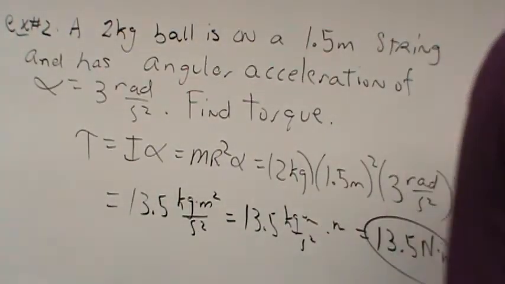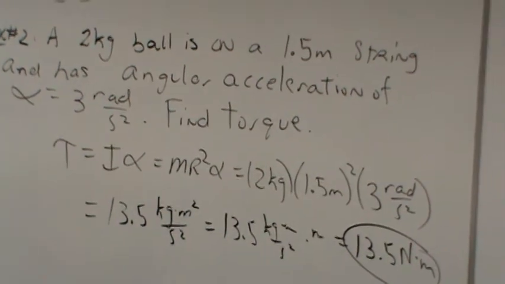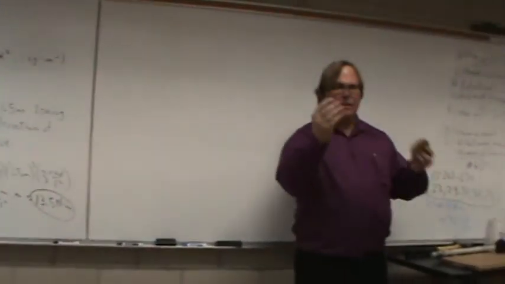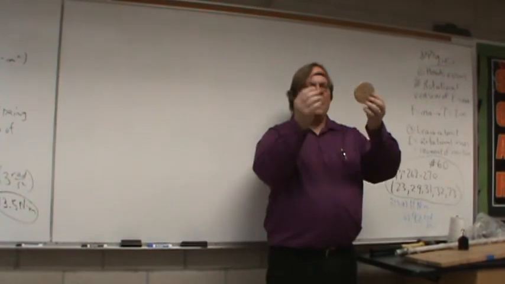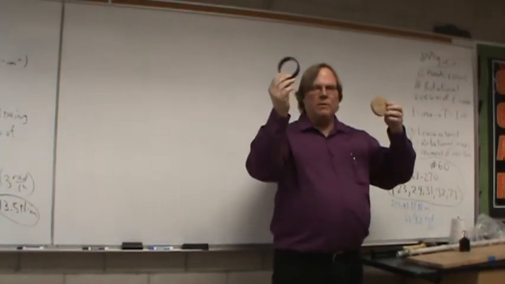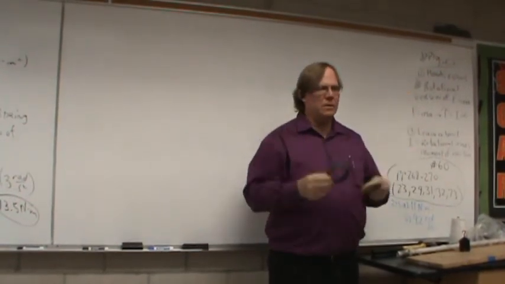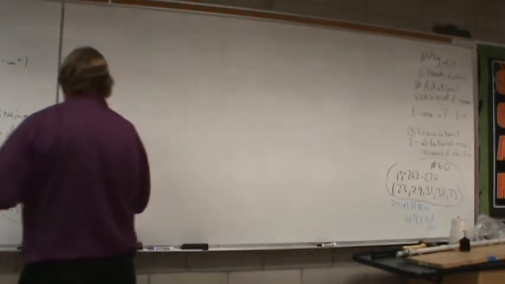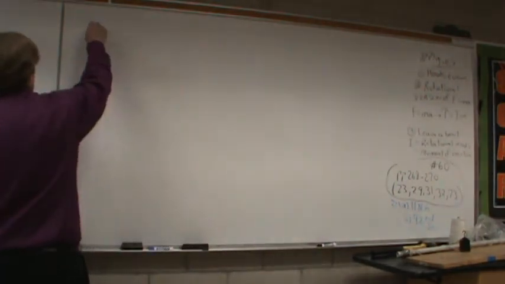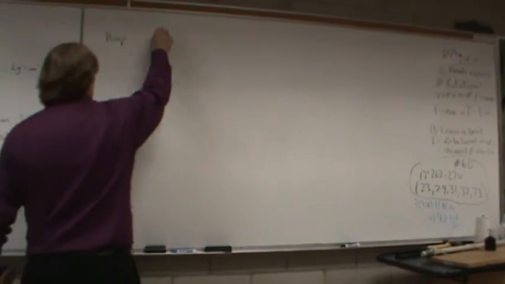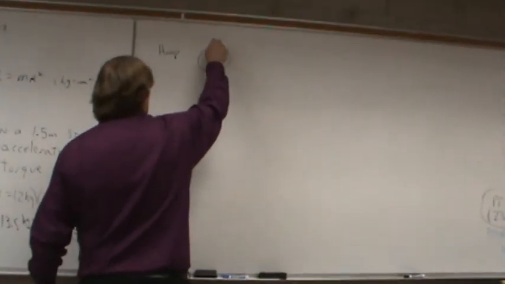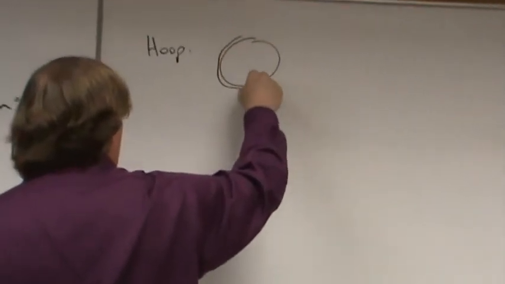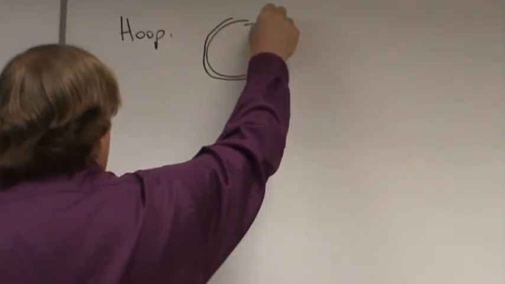So here's my next question. I've got 2 objects with identical radii and identical masses. One is a hoop, the other is a disk. Hoop. I'm not able to make a very good hoop.